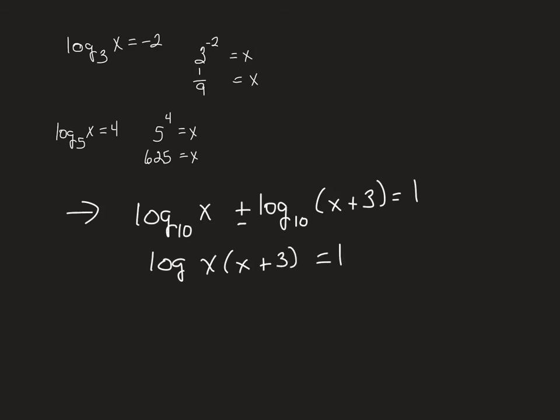We said it was base 10, so I could rewrite this as an exponential equation, and we could say that 10 to the first power is equal to x times x plus 3.